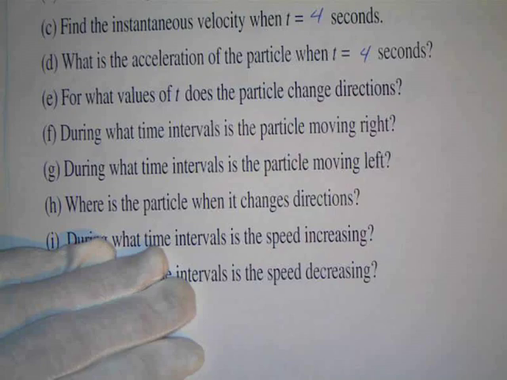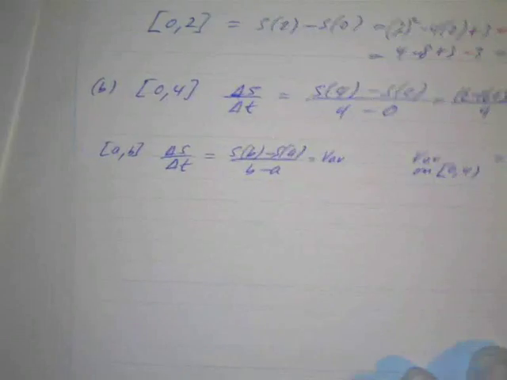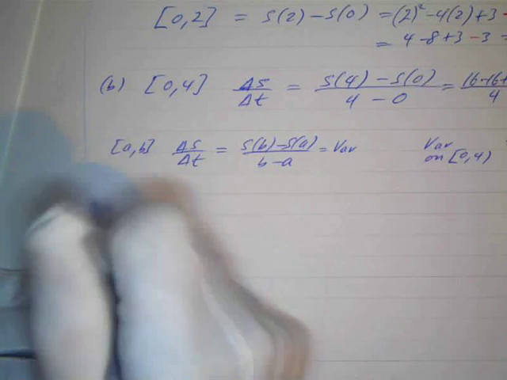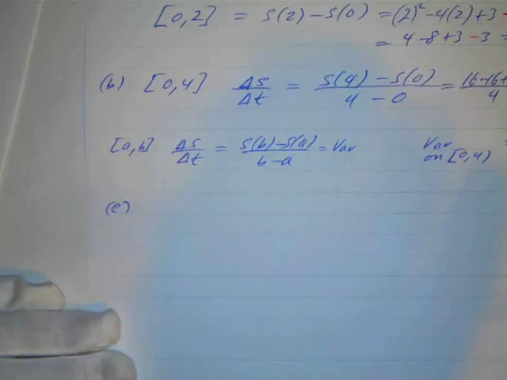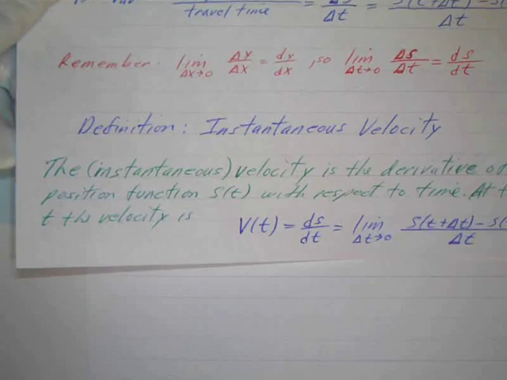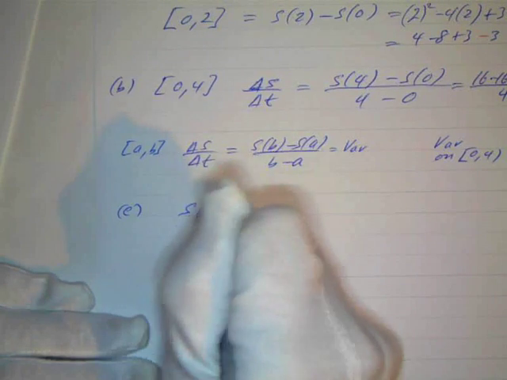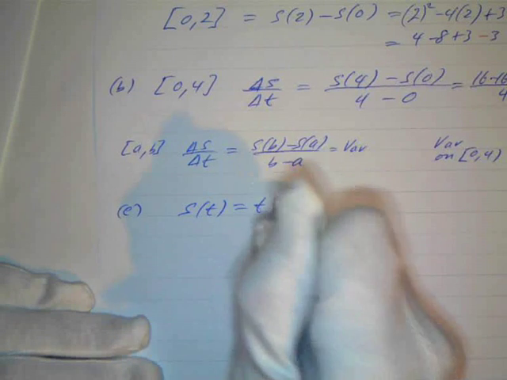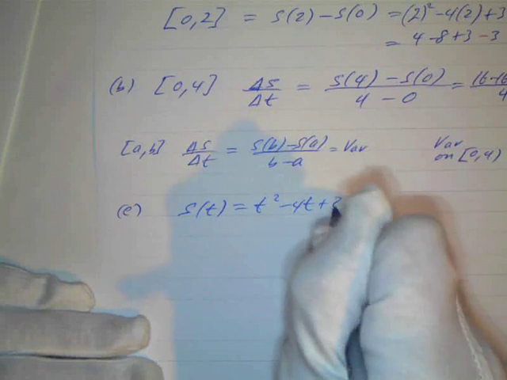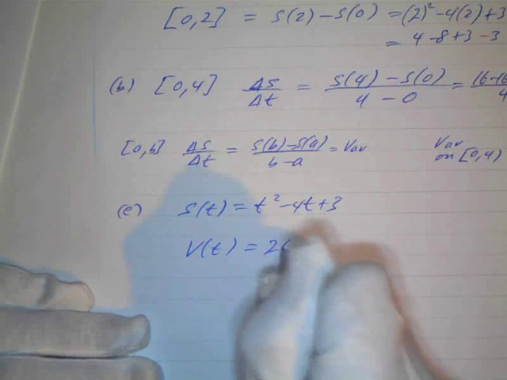Now we get into the good stuff. Letter C, find the instantaneous velocity when t is 4. So how do we find the instantaneous velocity? Well, we had a formula from our notes, that the instantaneous velocity equals the derivative of s with respect to t. So s of t equals t squared minus 4t plus 3. So the velocity as a function of time is just the derivative, and that's going to be 2t minus 4.